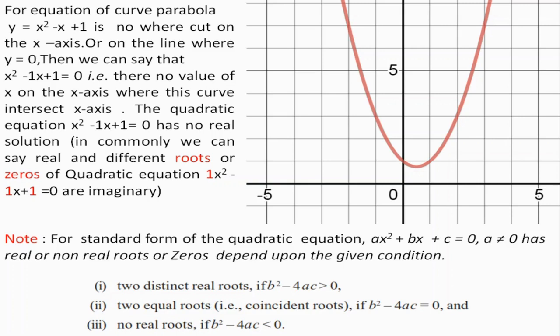When the discriminant b square minus 4ac equals 0, that means the roots are equal and the curve touches the x-axis. And when b square minus 4ac is less than 0, the curve nowhere intersects or touches the axis. It is either above the axis or below the axis. So these are the three important conditions we can visualize here.